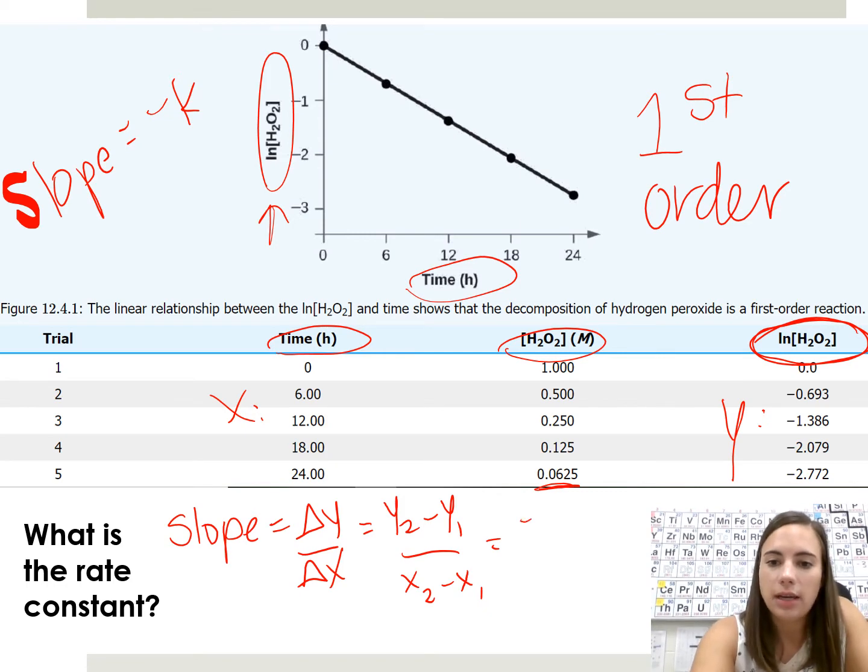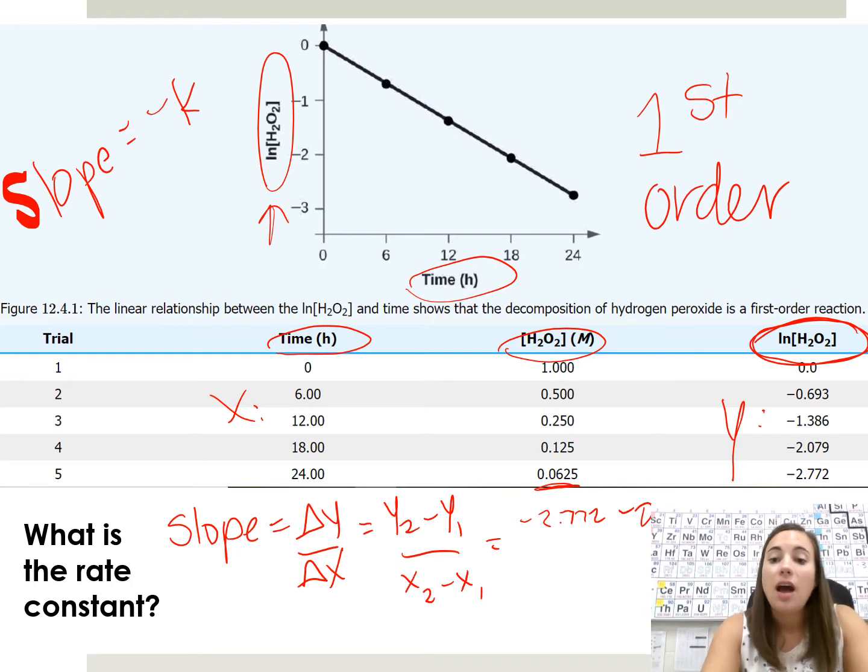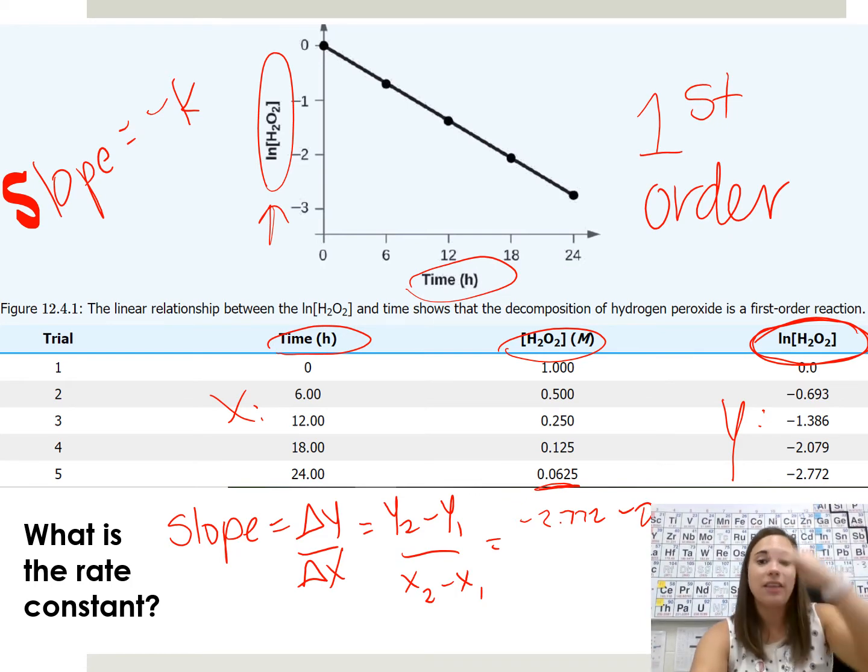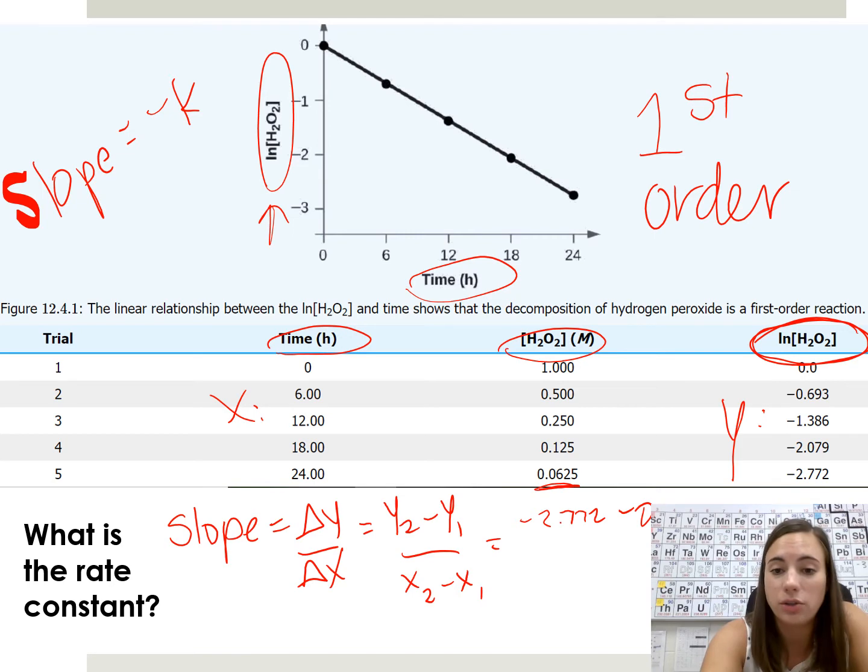So I'm going to do negative 2.772 minus 0. You can use any points. I just always use the last and the first as a habit. But you should get the same value no matter which 2 points you use, as long as you're consistent. And then I'm going to do my change in x, so 24 minus 0.